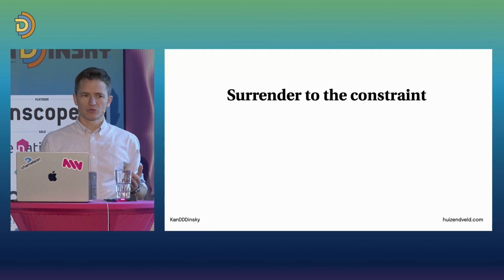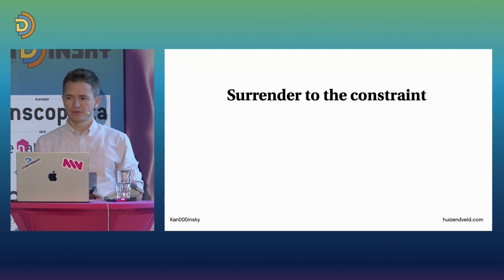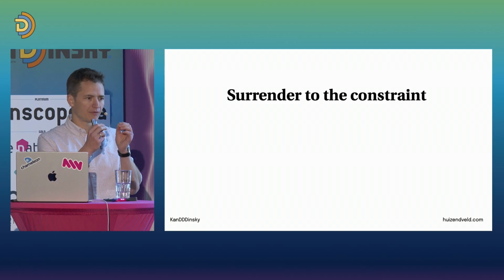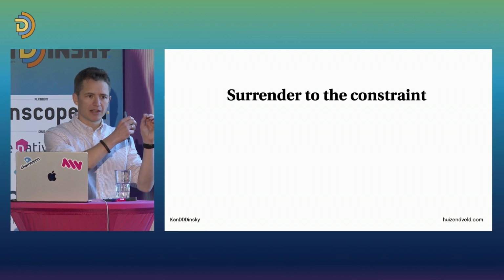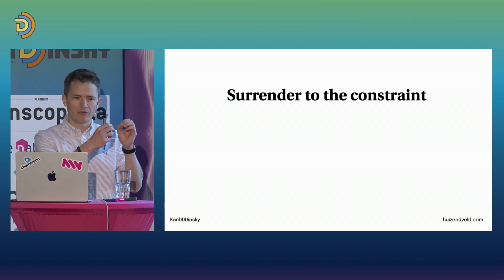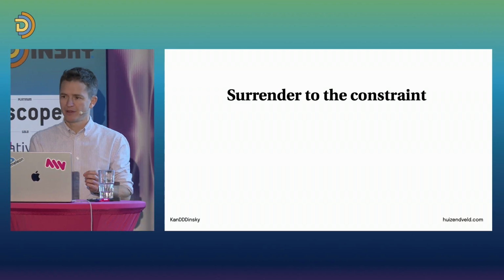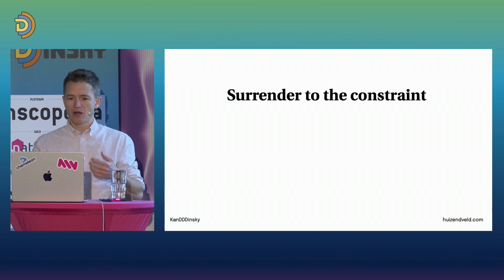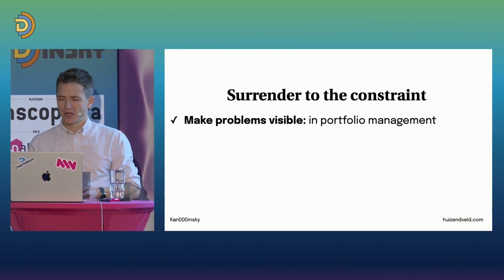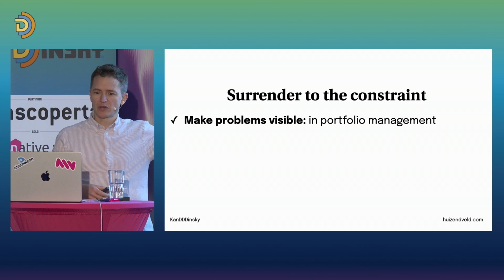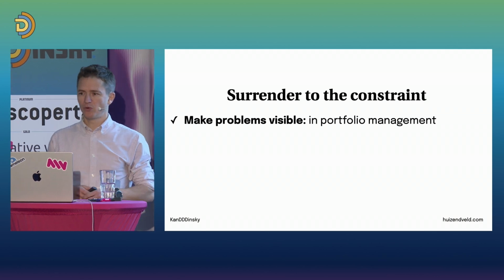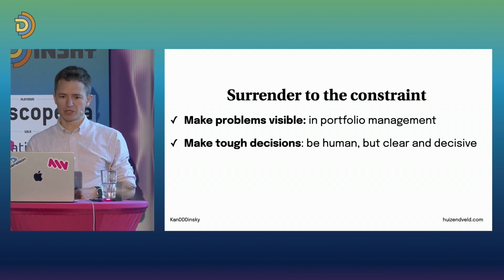So we want to surrender to the constraint, right? We want to really be mindful of looking at our landscape, asking ourselves, what is the thing that is limiting the throughput here, right? And then ask ourselves, how could we alleviate that, right? And we do that by making that problem visible in a portfolio management process.